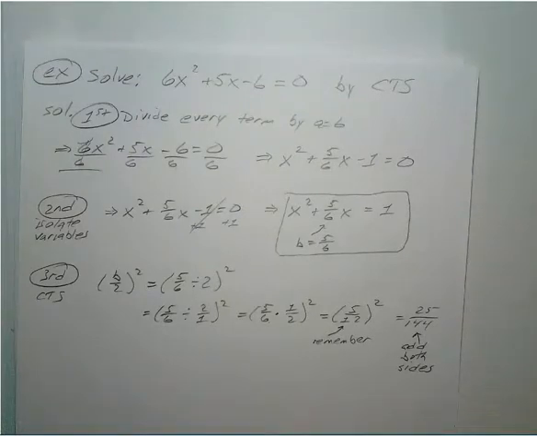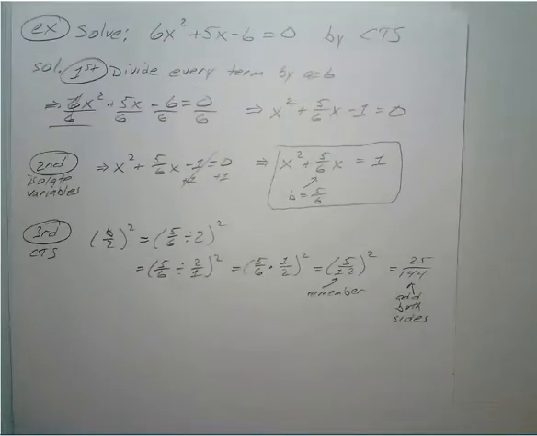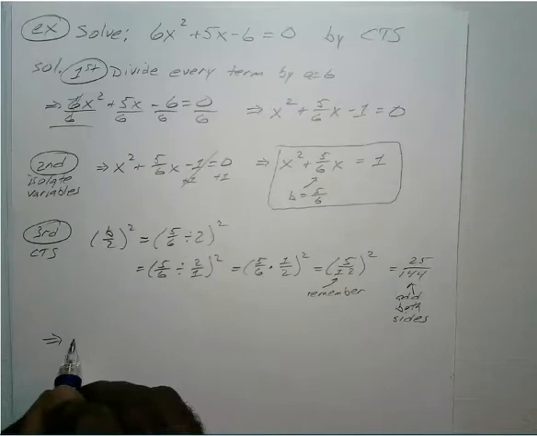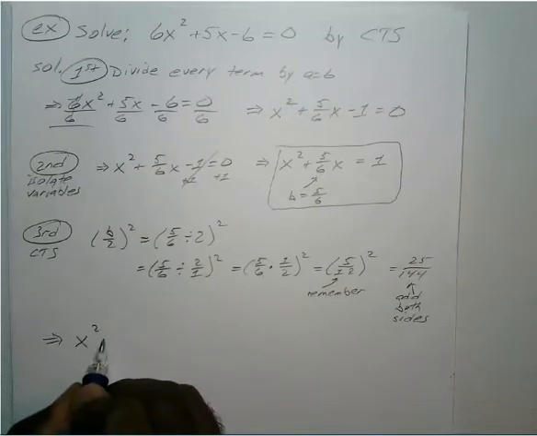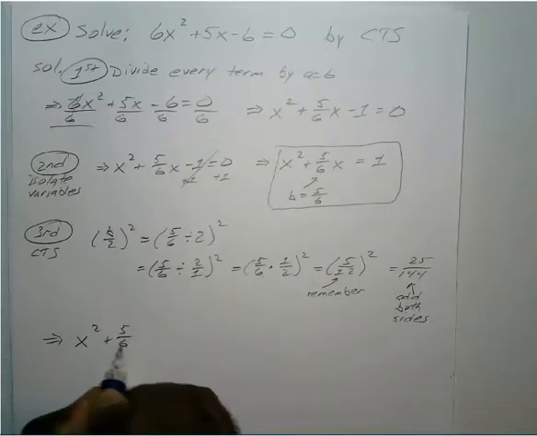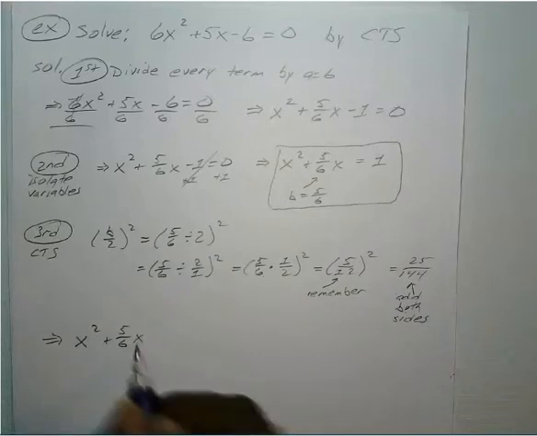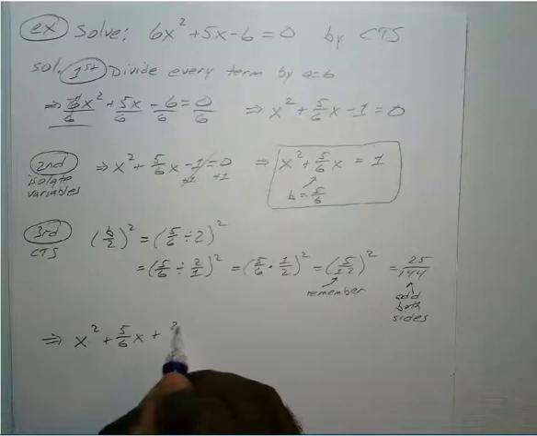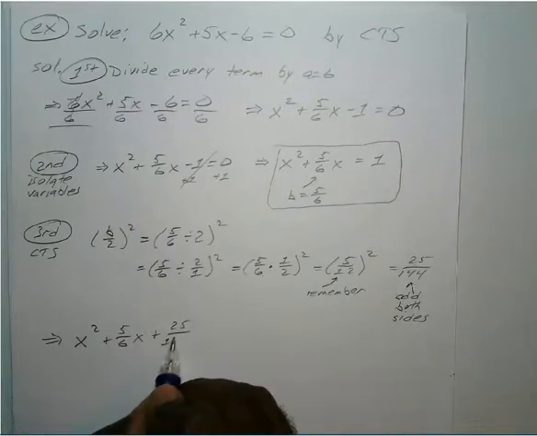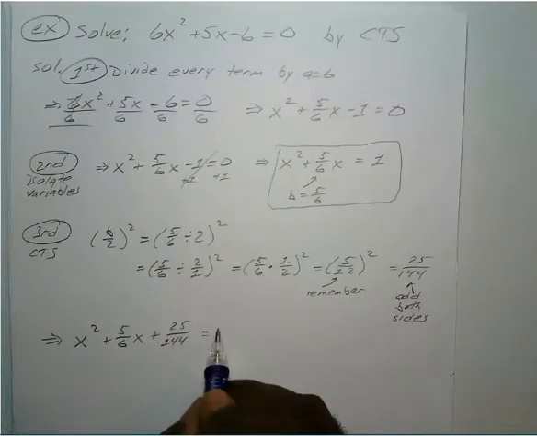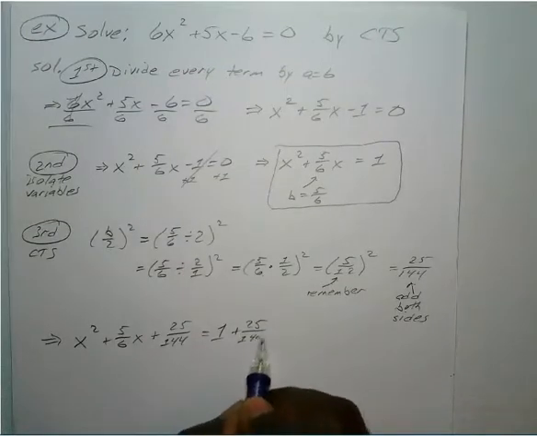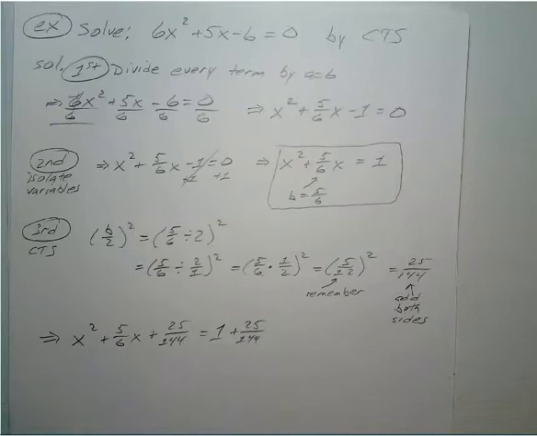All right. So that means our x squared plus 5 over 6x plus 25 over 144 equals 1 plus 25 over 144. Again, just adding that to both sides.